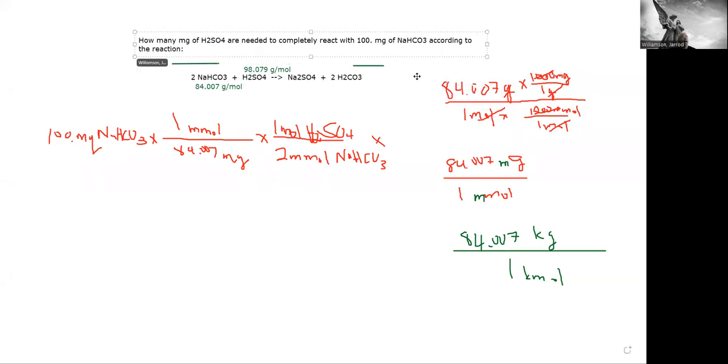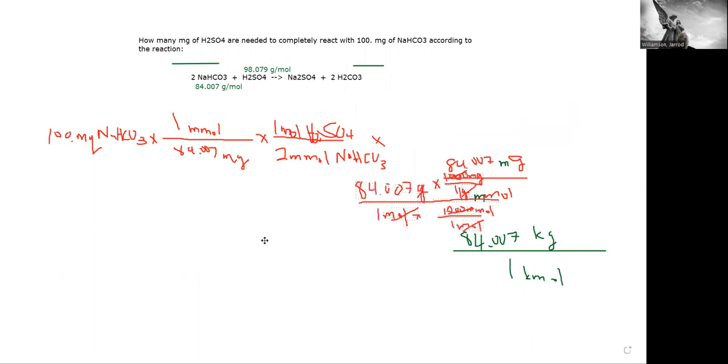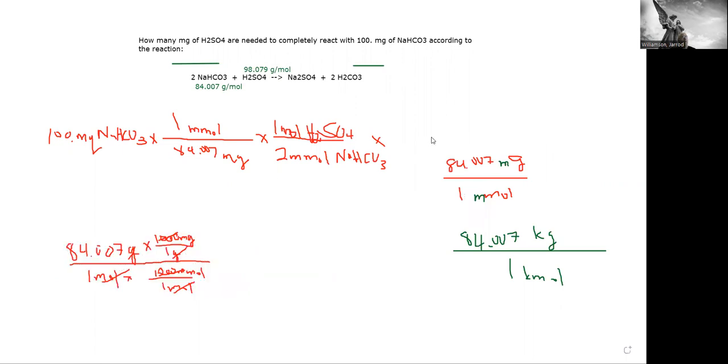Whoops, no, I don't want to move that. Move this out of the way. And let's move this out of the way. Oh, what I do, move my balanced chemical equation.